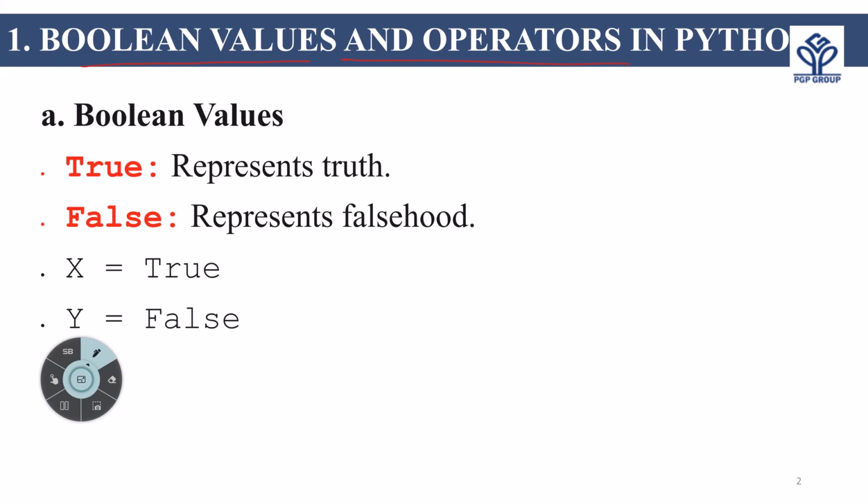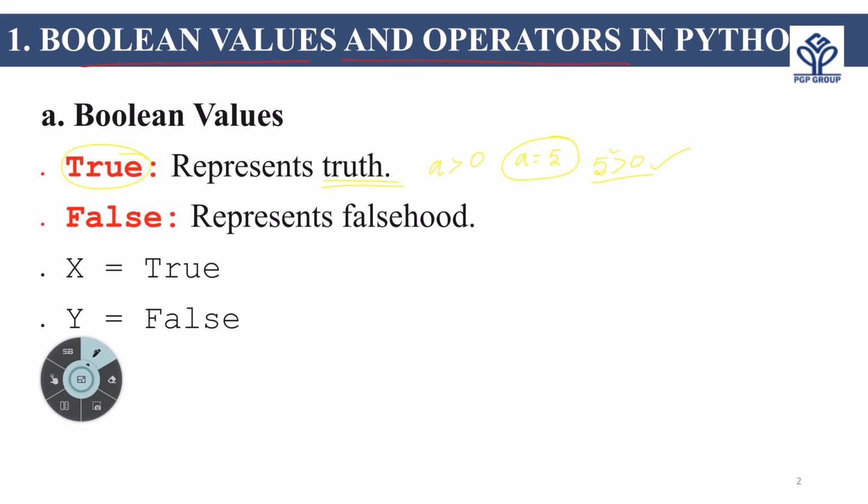Boolean values: there are two types of values used in Boolean. The first one is true. True represents truth, that means our condition holds. Assume the condition a greater than 0, and we assign a is equal to 5. So 5 greater than 0, is this true or false?